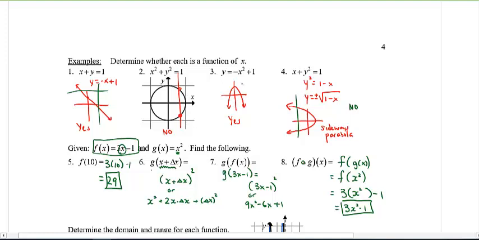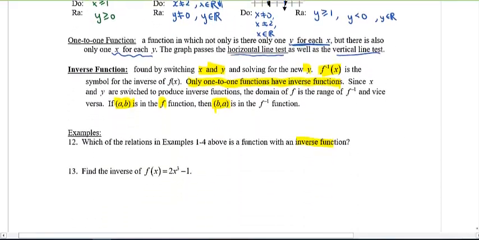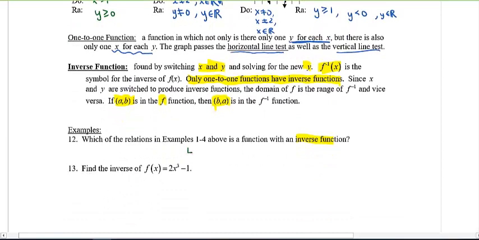No way. Notice for the number 3, the vertical works, yes, but the horizontal does not. And for number 4, the vertical already does not, so therefore the only one that's one-to-one is actually example number 1. Okay, because both the horizontal and vertical line tests are passed.